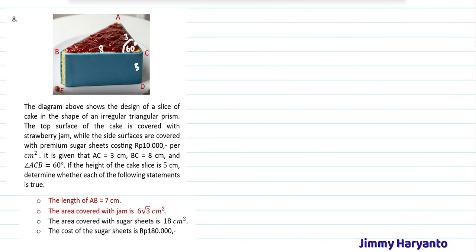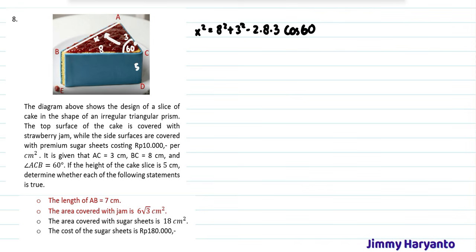Okay, length of AB. First, length of AB, I think I can use the cos rule to find it. So x square equals 8 square plus 3 square minus 2 times 8 times 3 times cos 60. x square equals 64 plus 9 minus, this one is 24 times 2 times cos 60, which is half, so the half and the 2 will be gone.